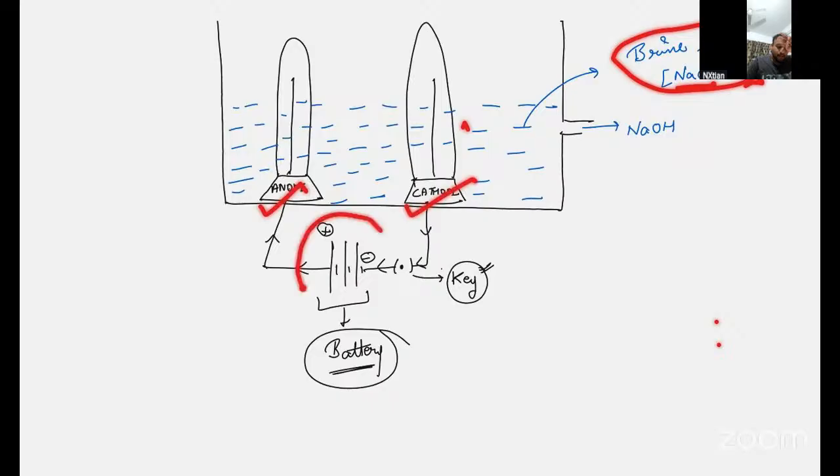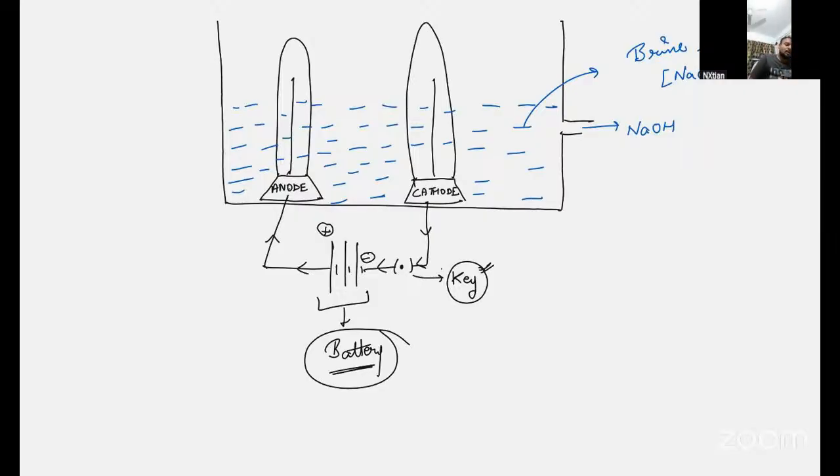When I attach them to the battery, the positive terminal is joined to this part, and it is called the anode. The negative terminal is joined to this, and it is called the cathode. Did you understand?